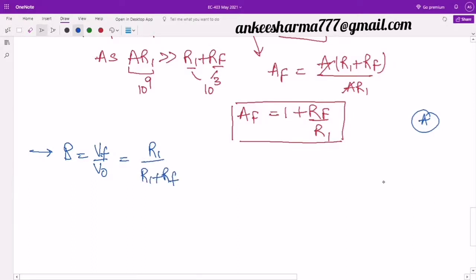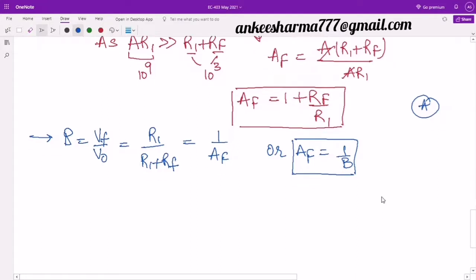And if you look here, AF is equal to R1 plus RF upon R1, but you are getting here R1 upon R1 plus RF. Can I say it is equal to 1 by AF? Or in simple terms, I can say that AF is equal to 1 by beta. This is one more equation that I have obtained.